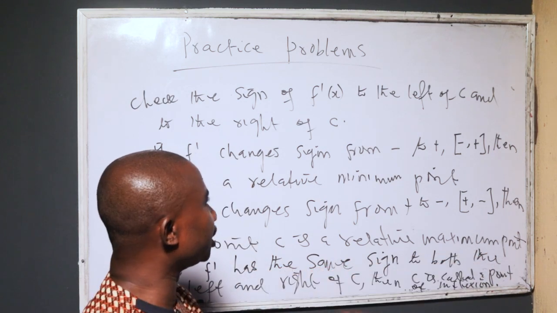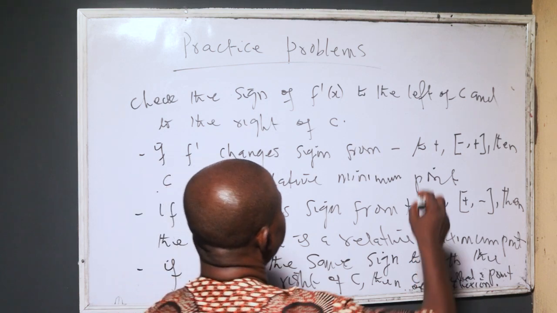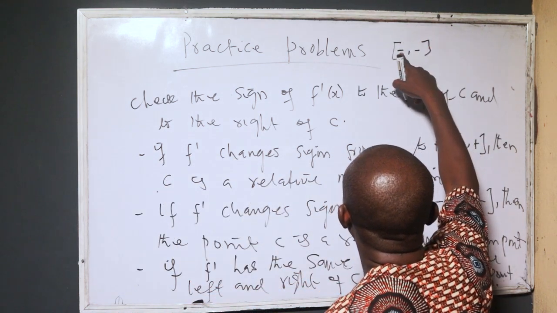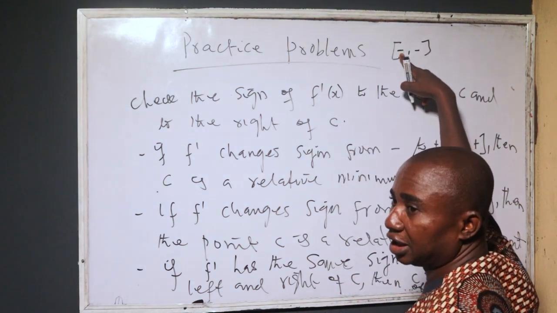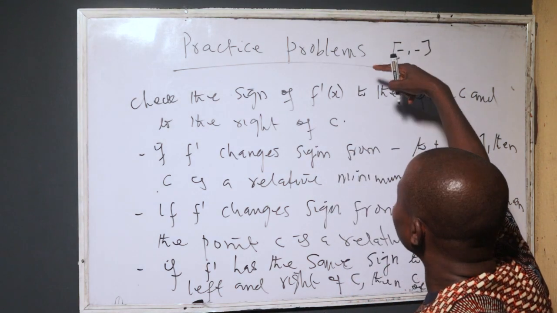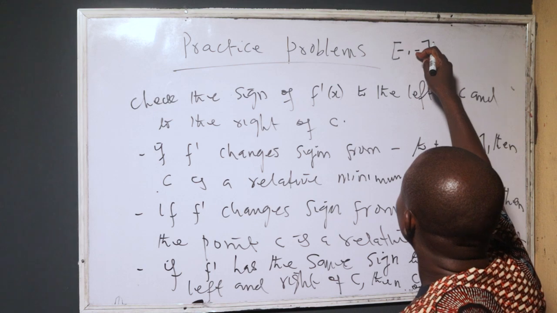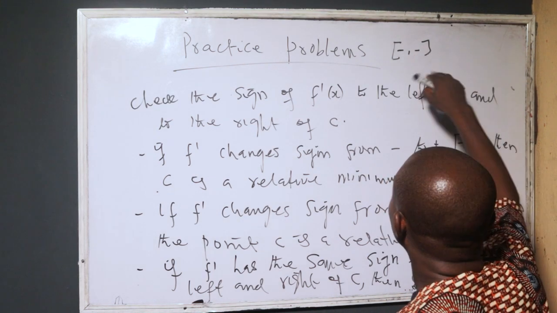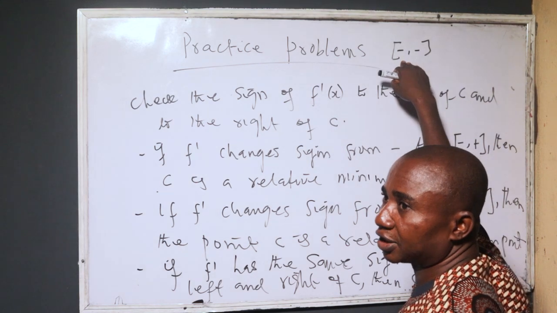And then if they have the same sign, what do I mean by being the same sign? That means you have either negative, negative, meaning to the left hand side of C, the derivative of the function is always negative, and to the right hand side of C, the derivative is also negative. Then you have a point of inflection.